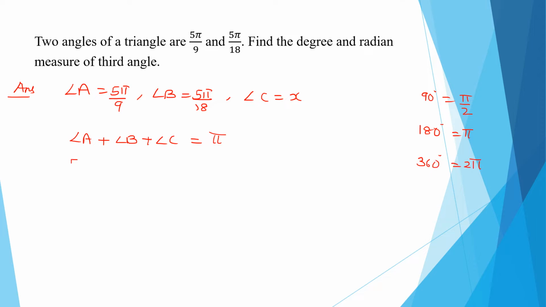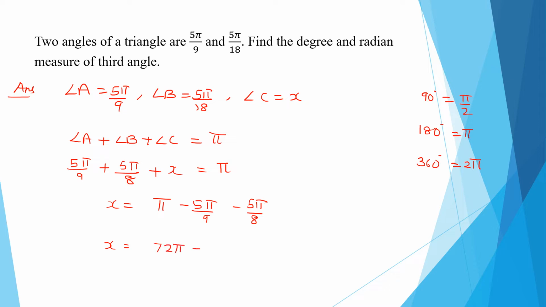So how much is angle A? 5 pi by 9. How much is angle B? 5 pi by 18. C is x. Correct? So my x will be how much? Pi minus 5 pi by 9 minus 5 pi by 18. The calculation part you must do it. So it will be somewhat 72 pi minus 40 pi minus 45 pi upon 72.